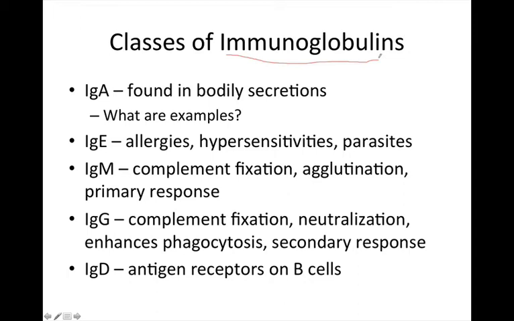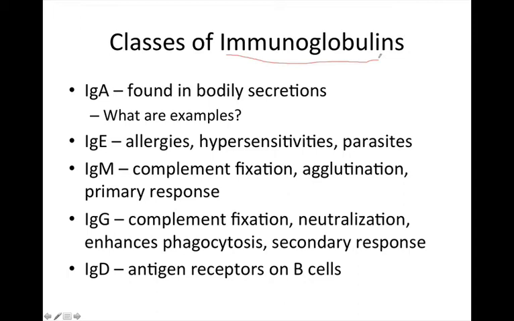These antibodies vary in function essentially because they vary in structure. Because this is anatomy and not immunology, we're not going to cover the different structures, but just bear in mind that these are all very different antibodies. But they still interact with antigens.